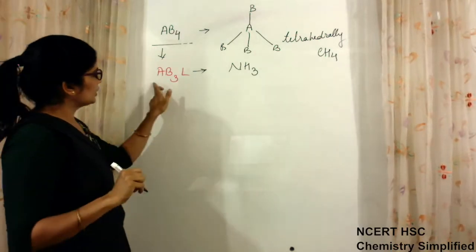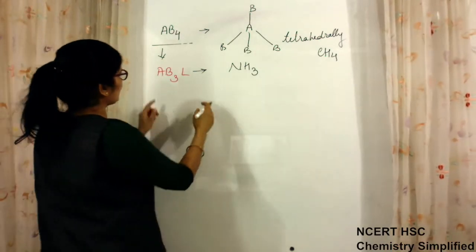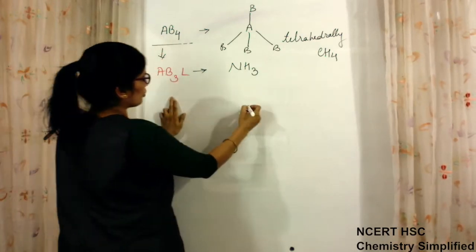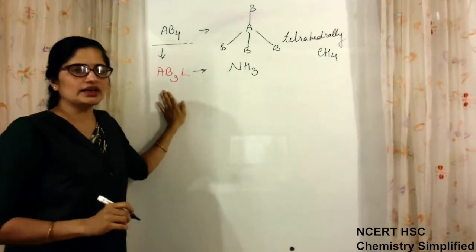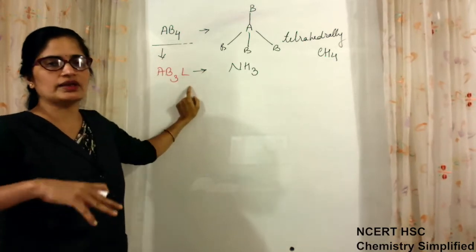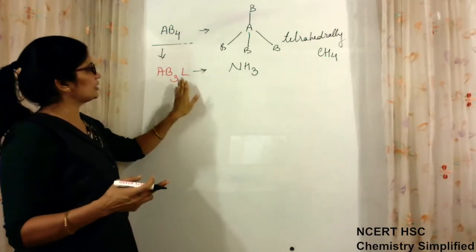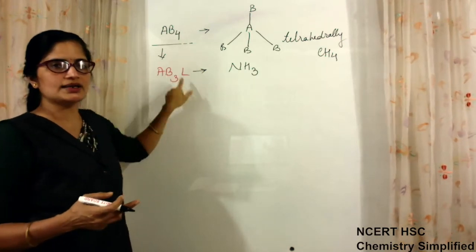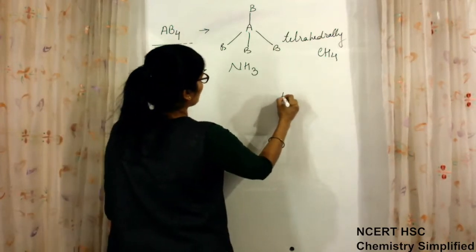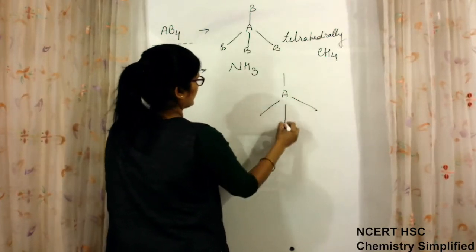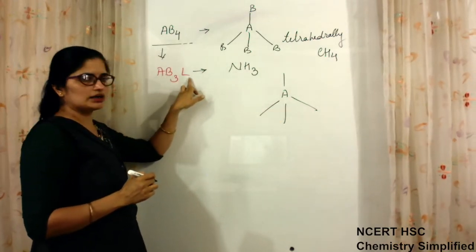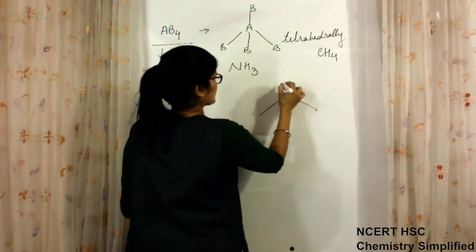Now for AB3L, what actually will happen? If this AB3L had been AB4, then what would the geometry have been? Because whenever we have to deduce the geometry for a molecule having a lone pair, first we have to imagine which geometry it could have when this lone pair was not present and this lone pair was a bond pair. So AB4. So the geometry would have been like this, but because there are 3 bond pairs and only 1 lone pair, it will become like this.